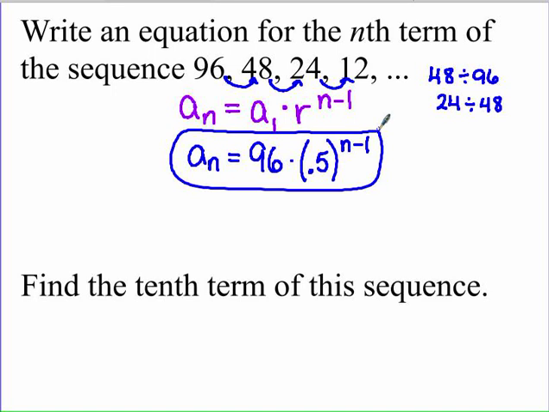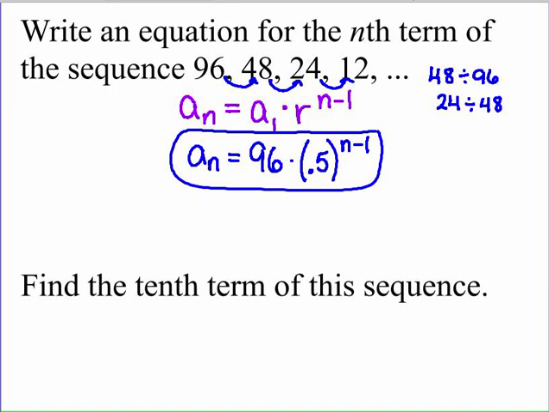Would you always put parentheses around the number? In that case I am, because I want to make sure I see it's 0.5. Do you have to put the parentheses in the calculator? No, you won't on this one. You only have to put the parentheses if it's a fraction or a negative.